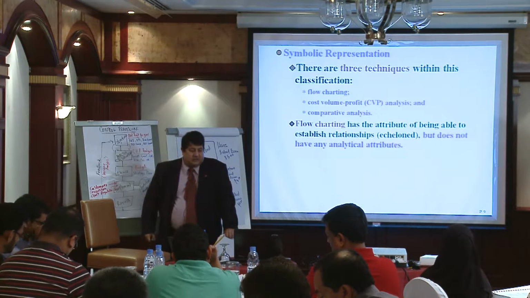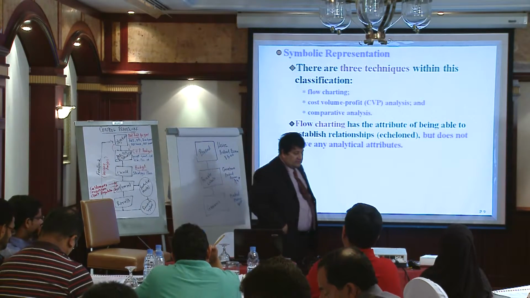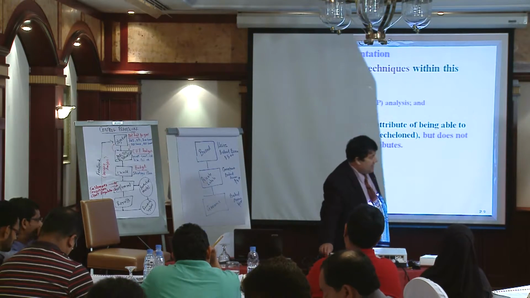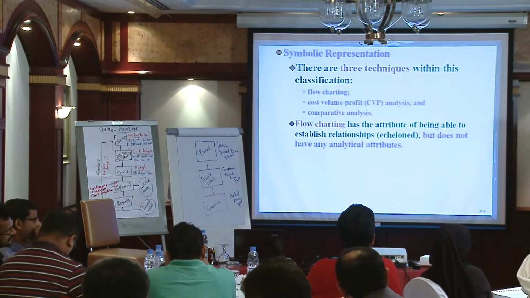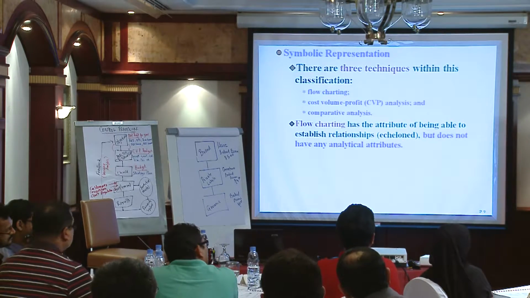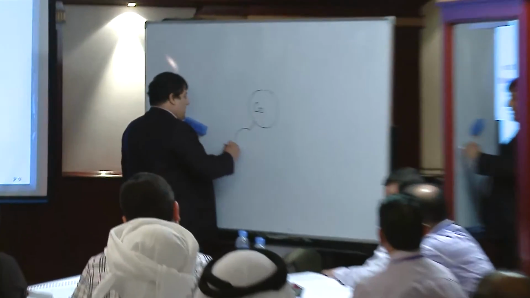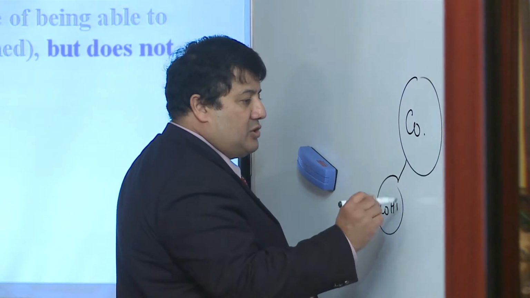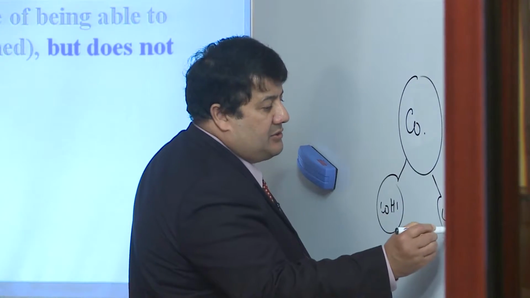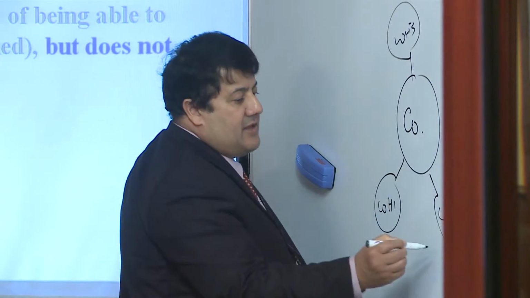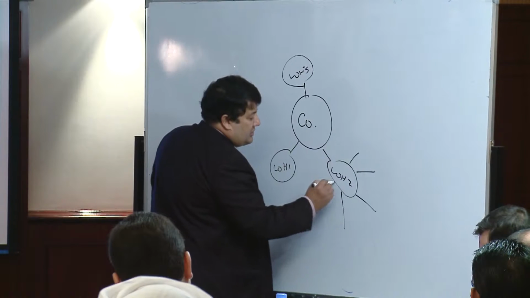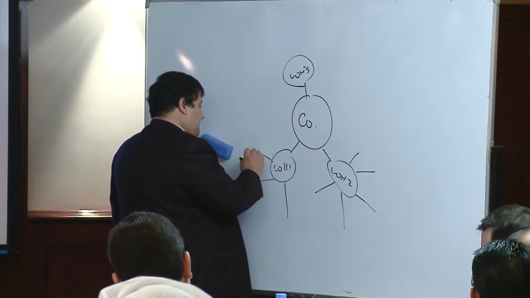So flow charting, basically you can do this as a static model or a dynamic model, showing your distribution system. Often it is like this: you have the central company, and then you have the warehouses, warehouse 1, warehouse 2, warehouse 3, and so on. And then you have the end users, maybe retail stores, and so on.